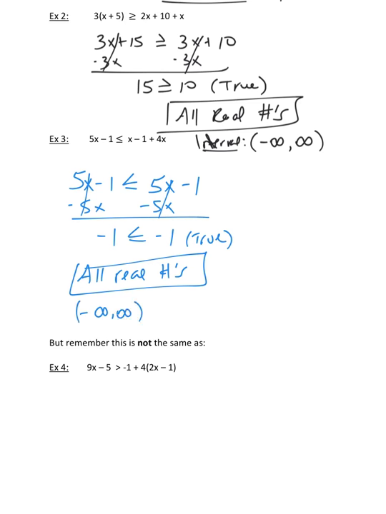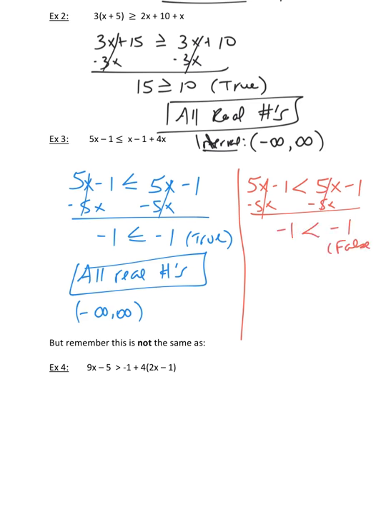Now, if you had a situation where the problem was, this is what I meant before, so I'm going to redo it. If the problem was written as 5x minus 1 is less than 5x minus 1, which is what I think I meant to originally write, this, if you subtract 5x, would give you a different answer. This would give you negative 1 is less than negative 1, and that's not true.